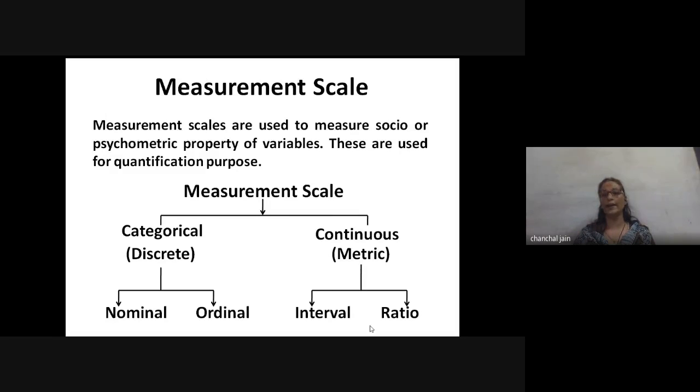We can generally divide measurement scales into two categories: the first is the categorical or discrete category, and the second is the continuous or metric scale category. In the first category, there are two scales, nominal and ordinal. In the second category, again there are two scales, interval and ratio. Now we will see all four one by one.